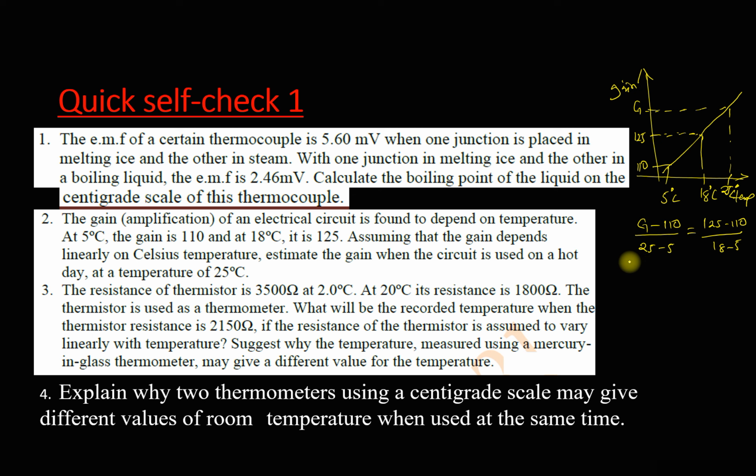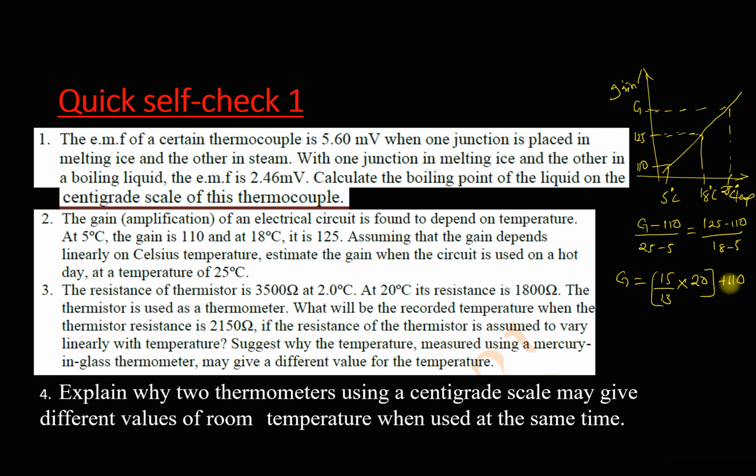So the gain is going to be equal to, let me simplify this, 125 minus 110, which is 15, divided by 18 minus 5, which is 13, times 20, then plus 110.